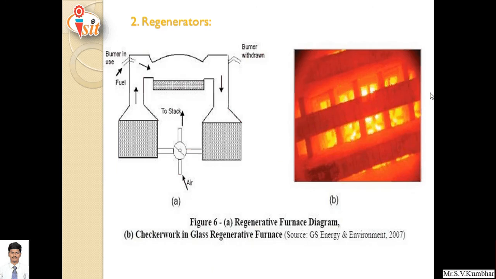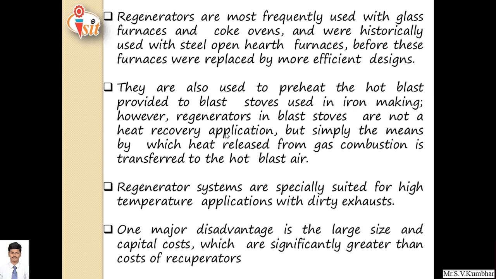Regenerators. One example is shown here. Fuel flows like this to the burner, and the burner sends heat to the air, and once the air is heated, it is used for the final application. Regenerators are most frequently used with glass furnaces and coke ovens, and were historically used with steel open hearth furnaces before these furnaces were replaced by more efficient designs.